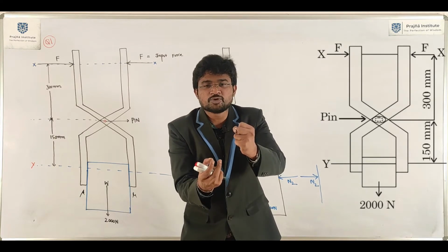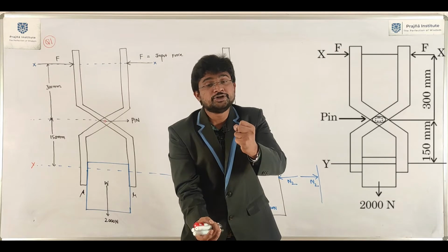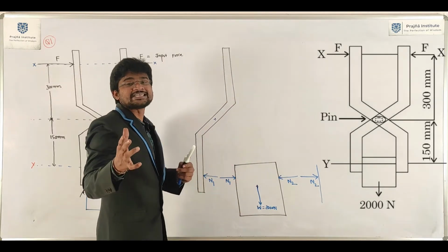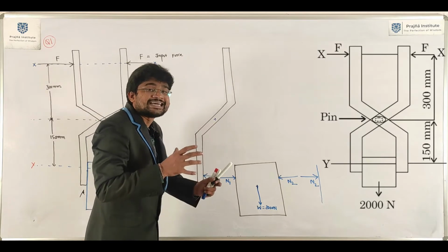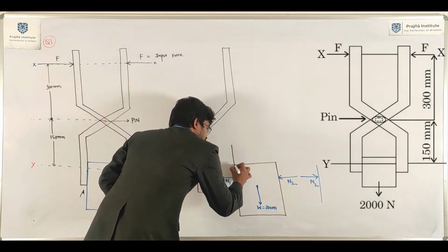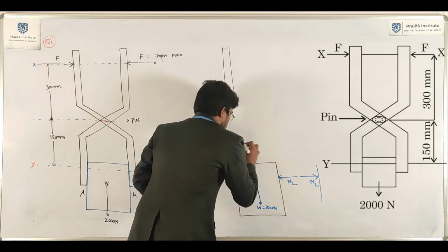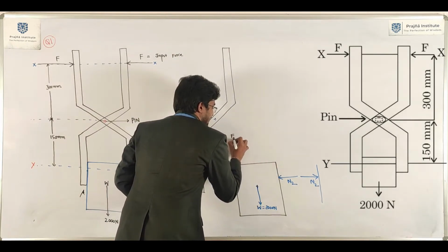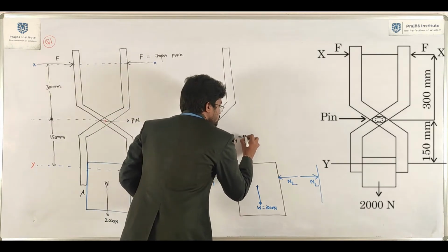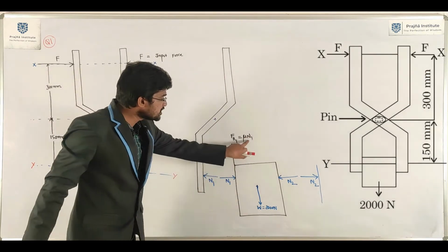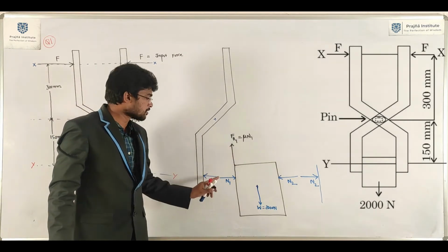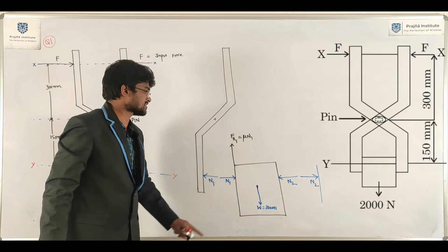The block tries to move downward due to gravity. That means frictional resistance acts opposite to the direction of movement of the weight. Frictional resistance at the contact surface equals mu N1, the coefficient of friction into the normal reaction at that contact surface.